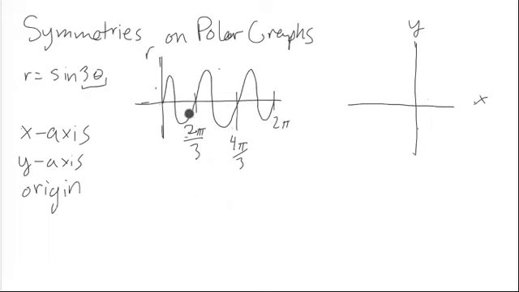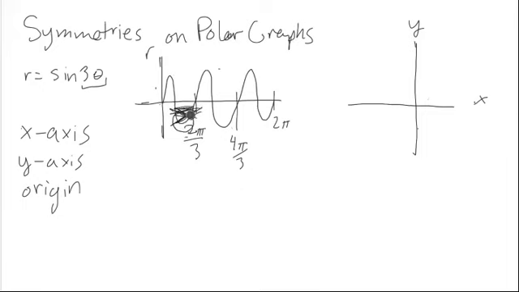And then naturally, going pi away, let's see what happens here. So pi thirds, if you add pi to pi thirds, you actually get up here. So pi away for this petal is actually right here. So this one is replaced by this over here. It's already there, so we don't have to draw anything new.